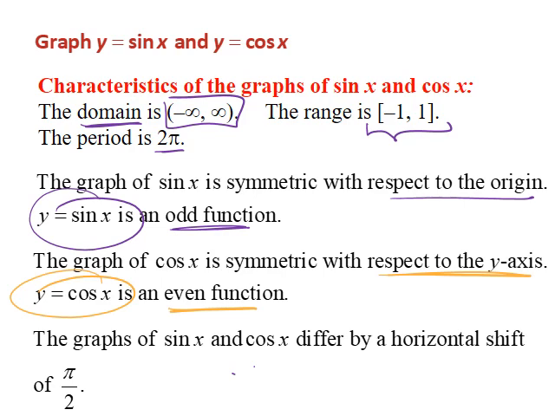If that's something you forgot about, you might want to do a quick Google search on that. And then finally, sine and cosine simply differ by a horizontal shift of pi over 2. So if I shift the cosine graph left pi over 2 units, then it becomes a sine graph, really.